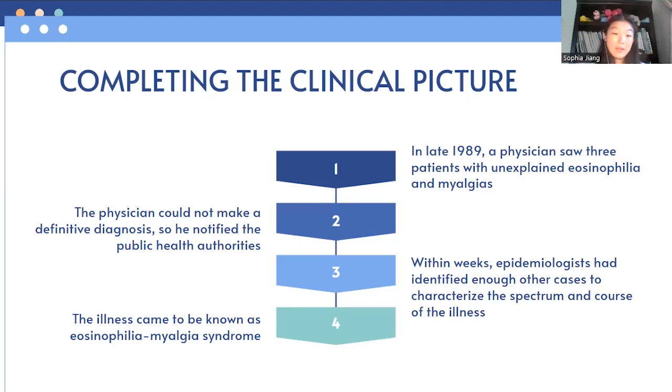So he notified public health authorities. Public health authorities, epidemiologists, same thing. And within weeks, epidemiologists had identified enough other cases to characterize the spectrum and course of the illness, enough to characterize the illness as eosinophilia myalgia syndrome.